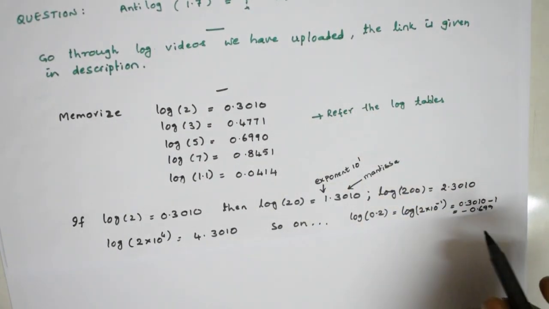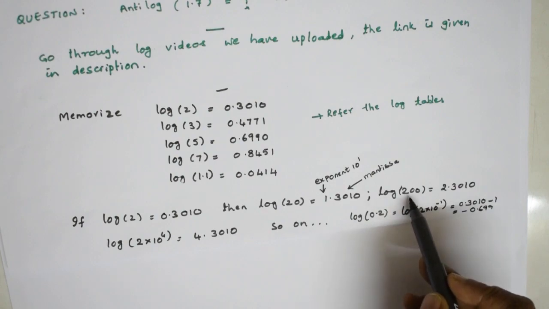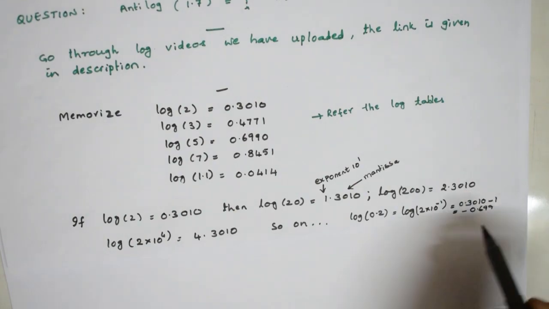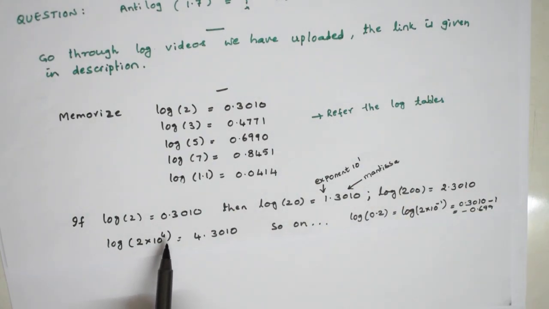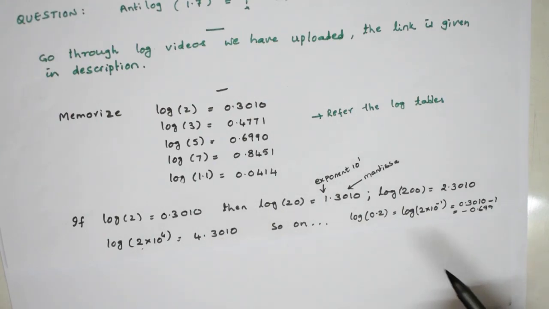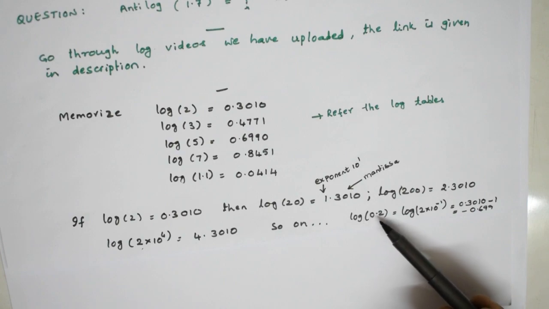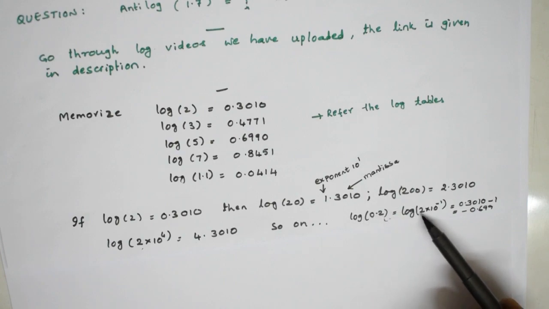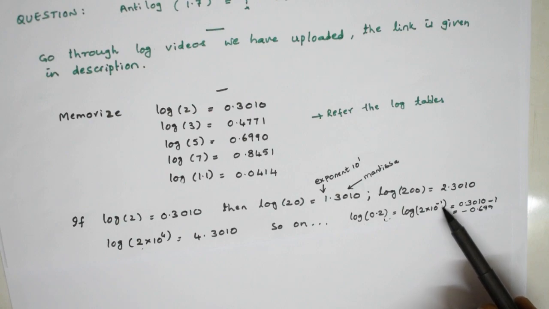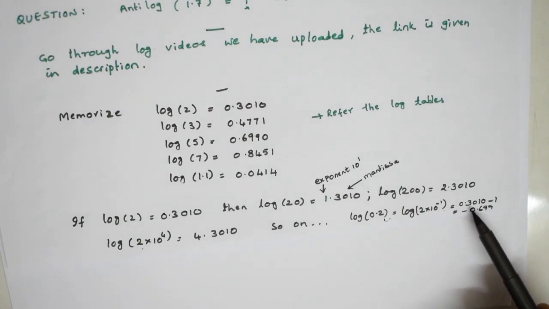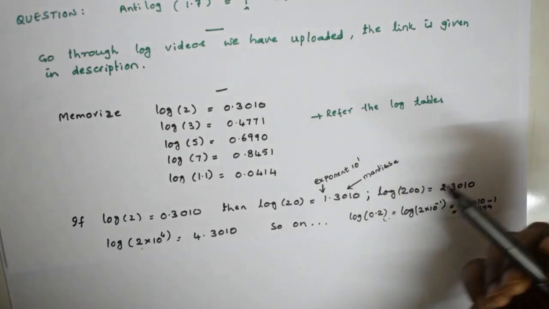Same like that, log 200 can be written as 2.3010, and log 2 into 10 raised to 4 can be written as 4.3010. Again log 0.2, it can be written as 2 into 10 raised to minus 1, so log 2 value is 0.3010 minus 1, which is nothing but minus 0.699. I think this is the basic idea.